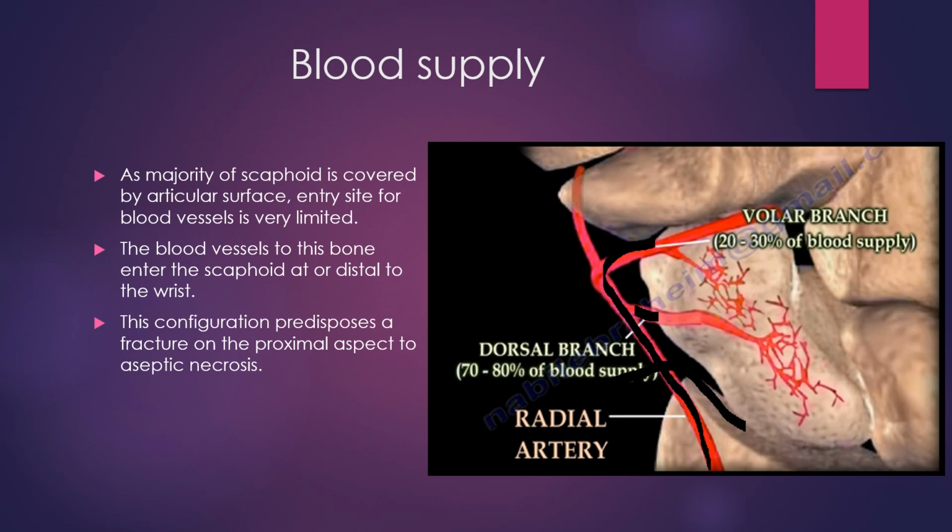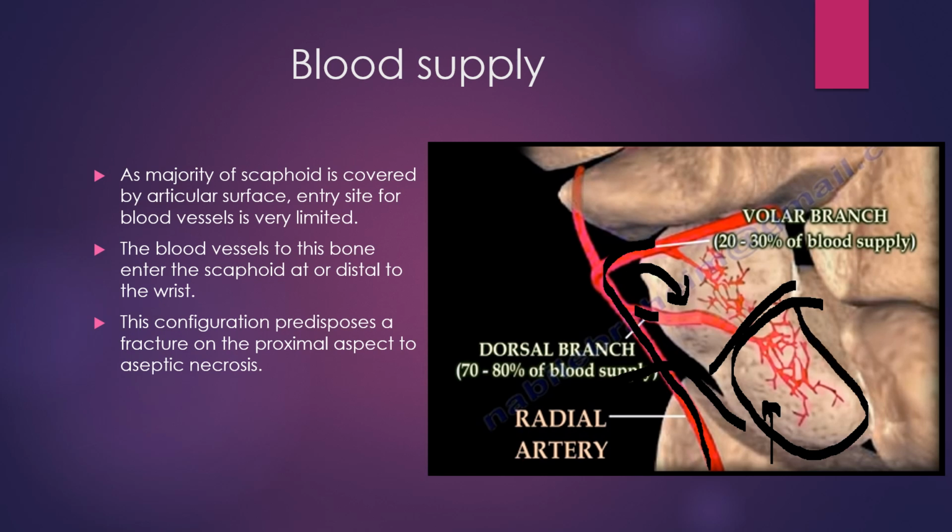Normally the blood supply to a bone is anterograde, right, like this. But in scaphoid, due to articular surface, the blood supply is retrograde, that is in the opposite direction. Therefore, there is stasis of blood, and if there is a fracture at this part or the waist, this blood supply is cut completely, and the proximal part, that is this part, has no remaining blood supply.